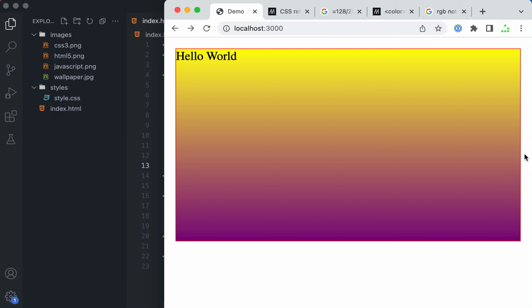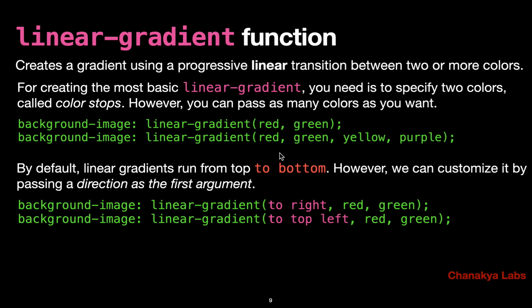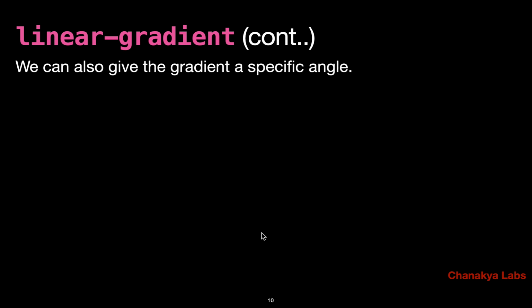So it should be in this direction. If you refresh this, then you will see that in this direction it is happening in a sort of diagonal way, right? Purple to yellow in this top right direction, towards top right. Okay, so this is done.